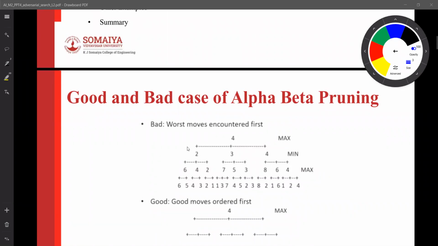After I explore 2, I will have to explore 3 because 3 will finally be better, and I also have to explore 4 because 4 will be better. Similarly, the children of 2 will be a min node and I have ordered them as 6, 4, 2. Once I get the value of 6, I will have to explore 4 and 2, because 2 will give me the final correct answer.